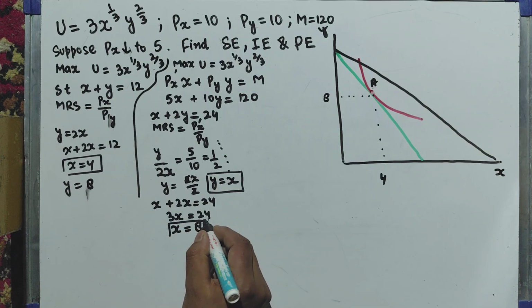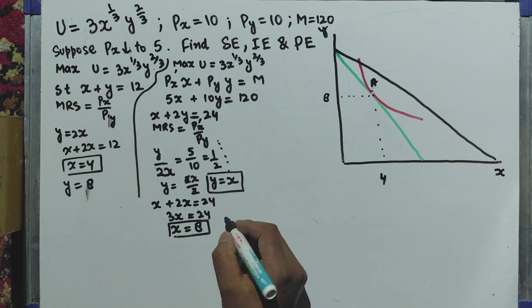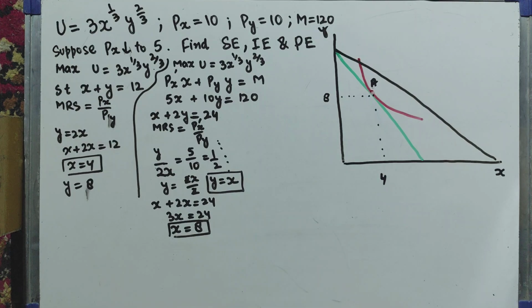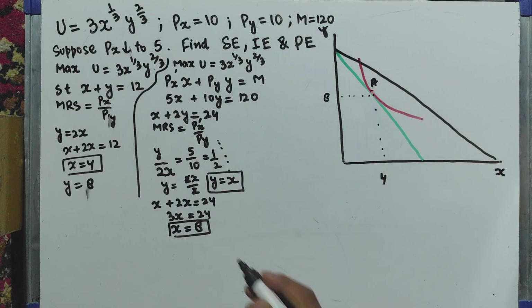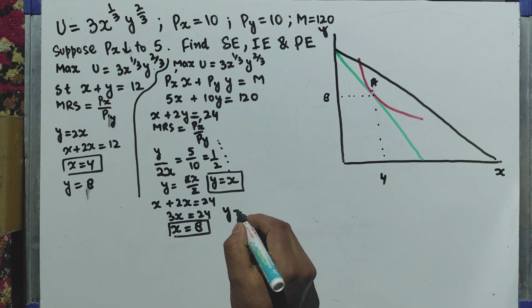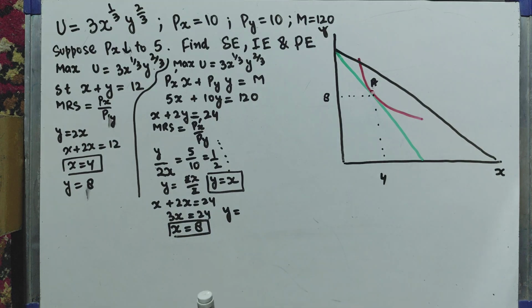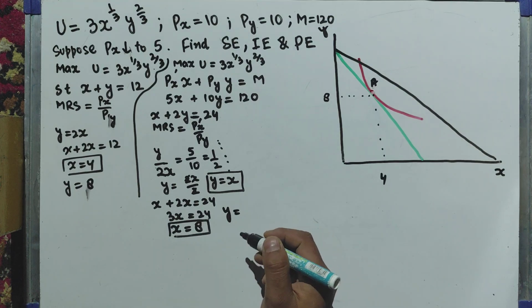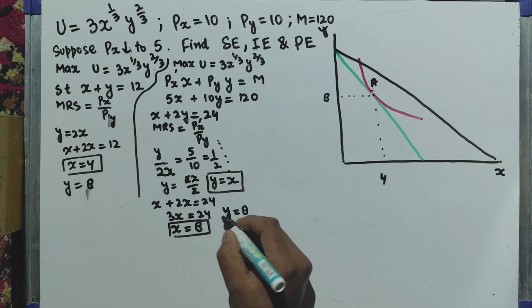So consumer will consume 8 units of good X this time, and Y will be also equal to 8 this time.